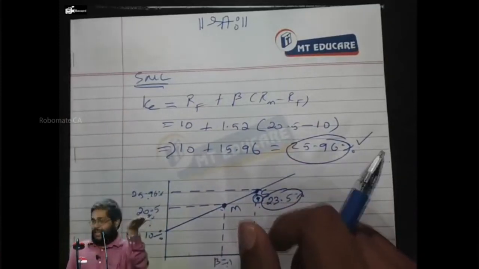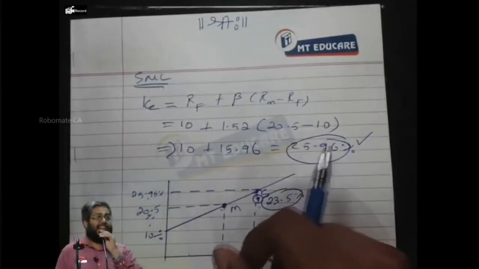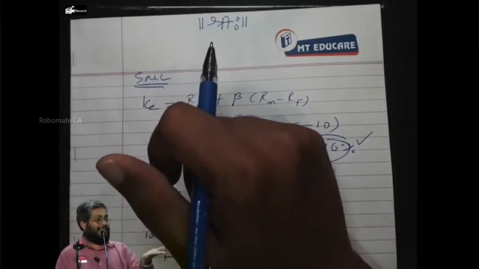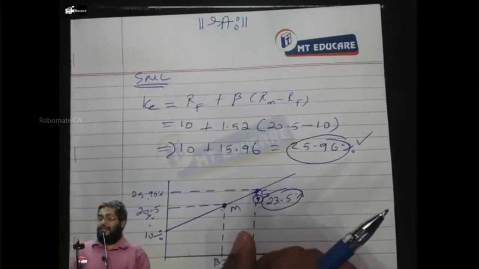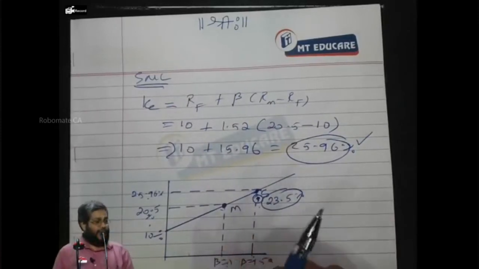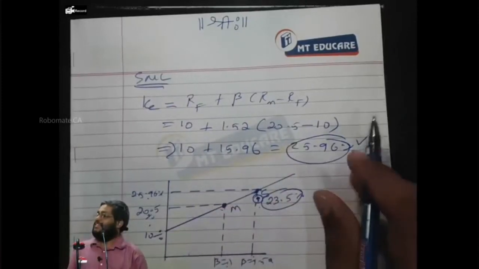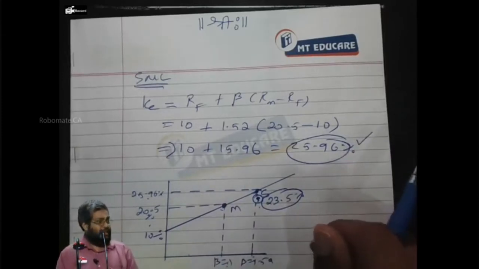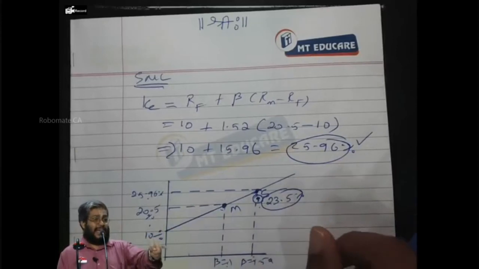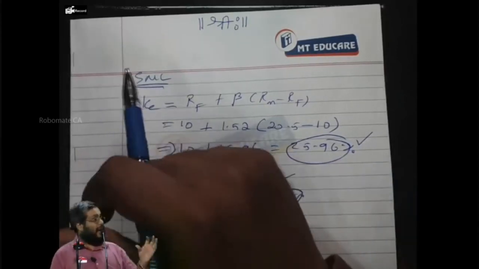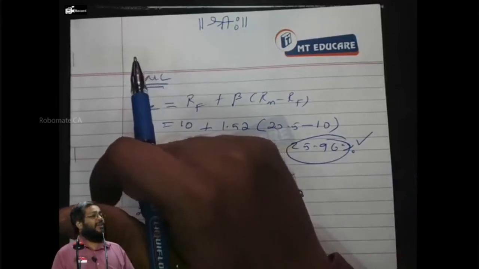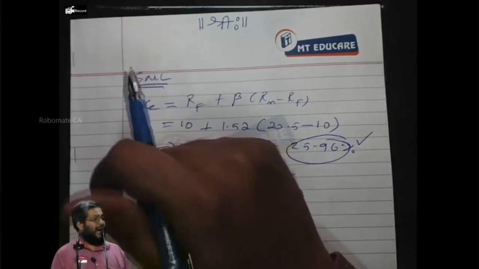There are two ways of understanding this. When RBI increases the interest rate, the risk-free asset gives you more interest. So the expected return Ke also increases: RF increases, and Ke is equal to RF plus beta into (Rm minus RF).